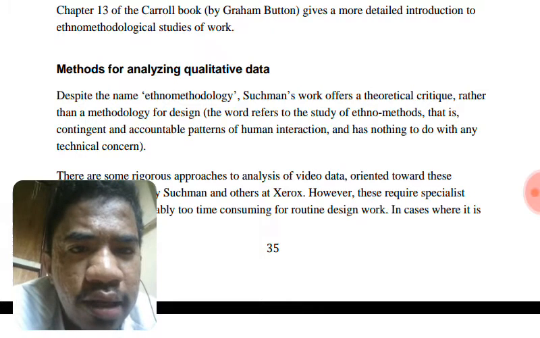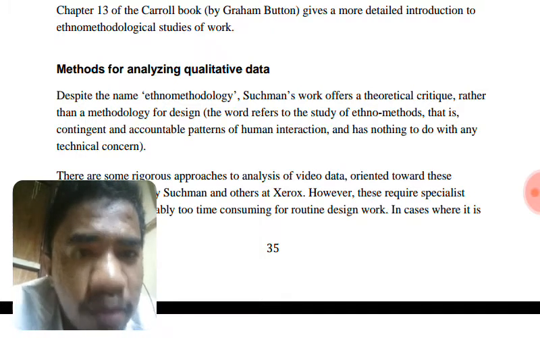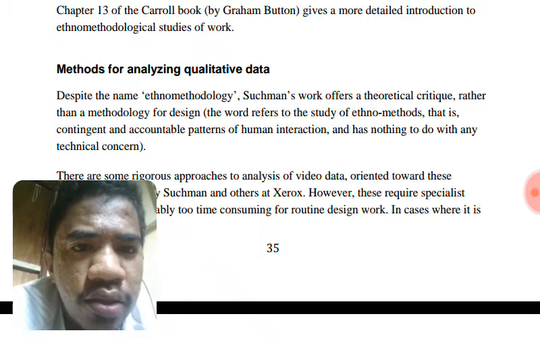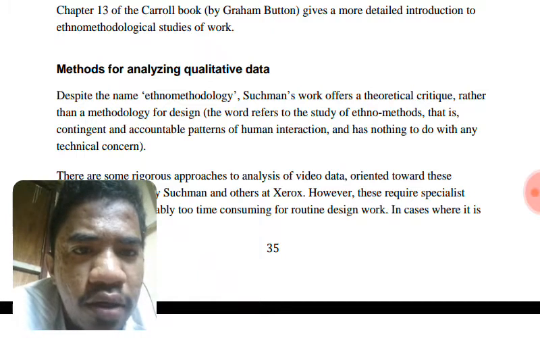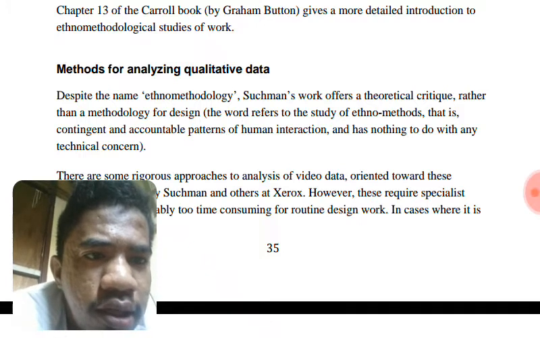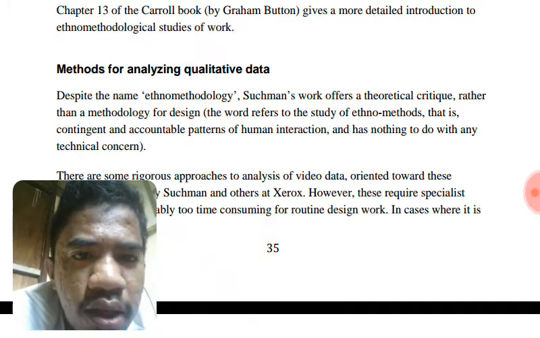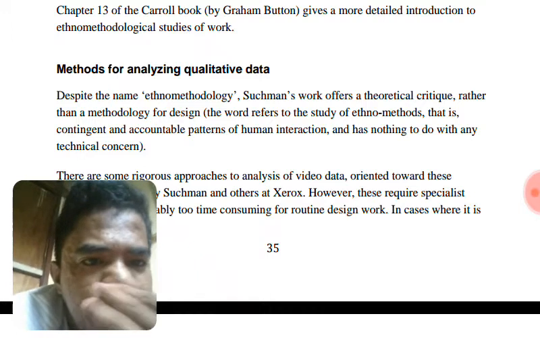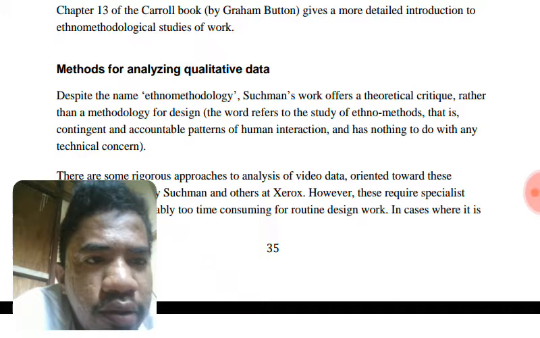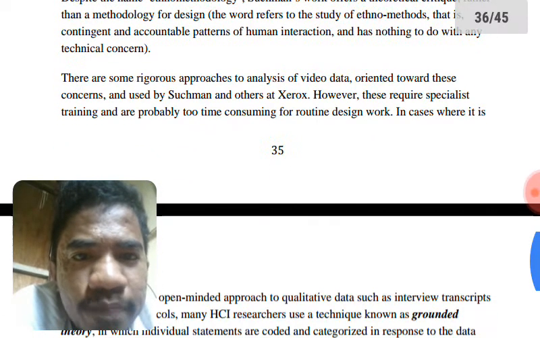Despite the name, ethnomethodology is more a theoretical critique than a methodology for design. The word refers to the study of ethno-methods, that is, contingent and accountable patterns of human interaction, and has nothing to do with any technical concern.